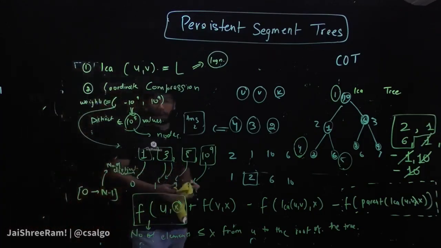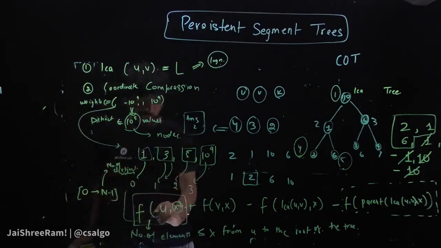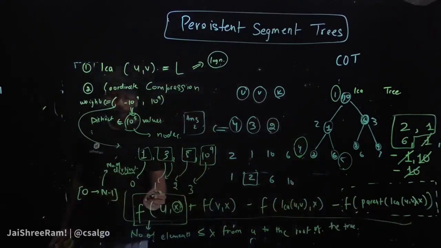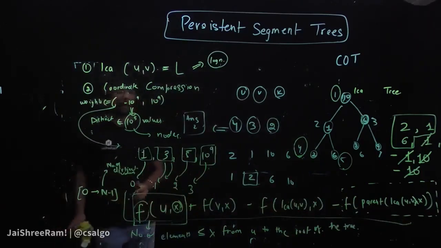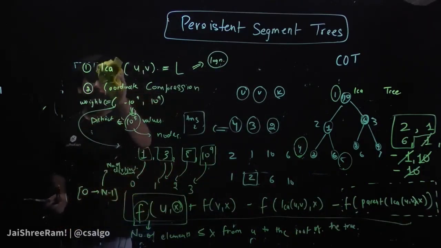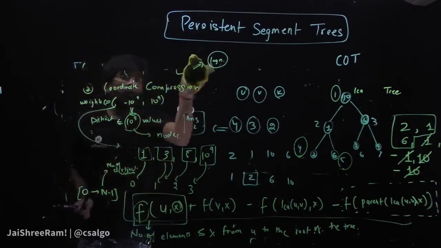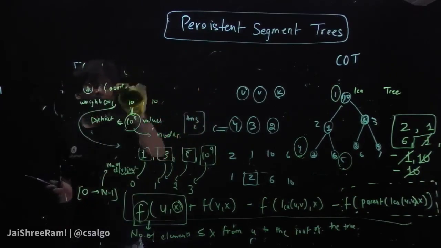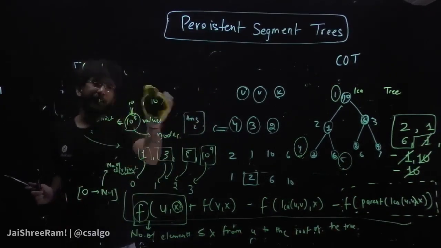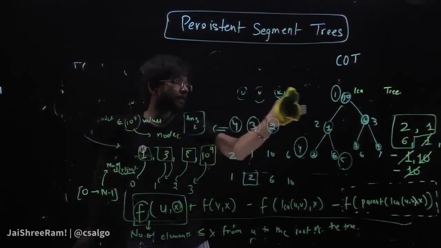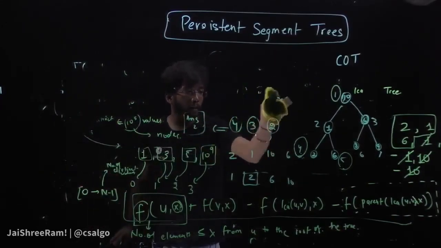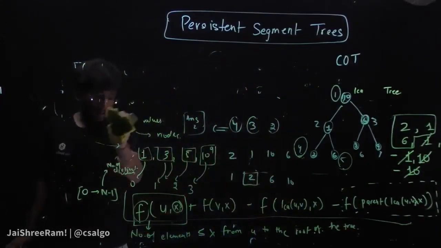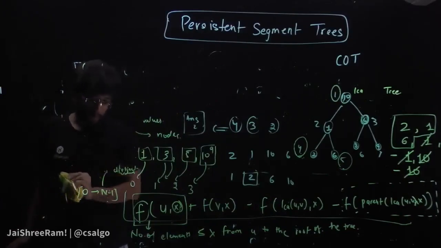But I need to binary search on this function. So I need to figure out what this function could be that helps me in the binary search. So that function would come from the concept of persistent segment trees. Finally, I'll keep the question intact and this f function intact over here.